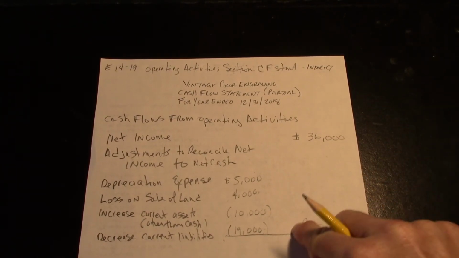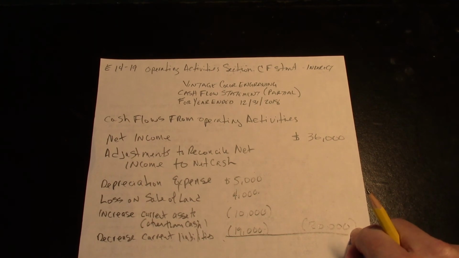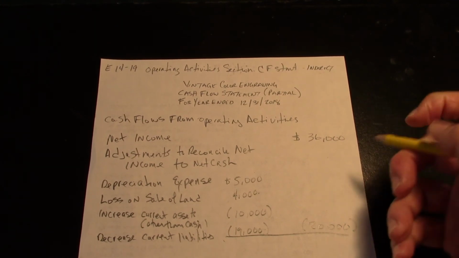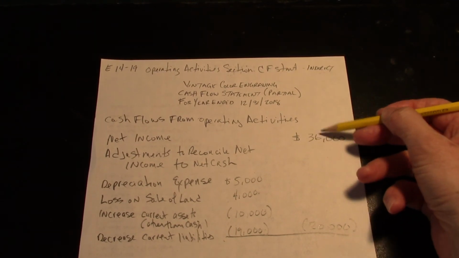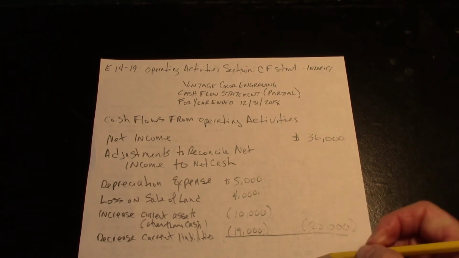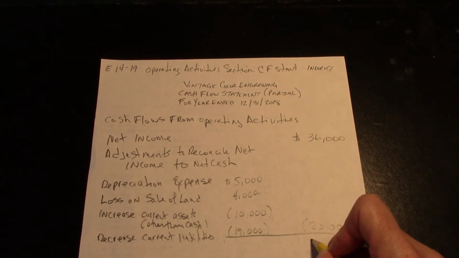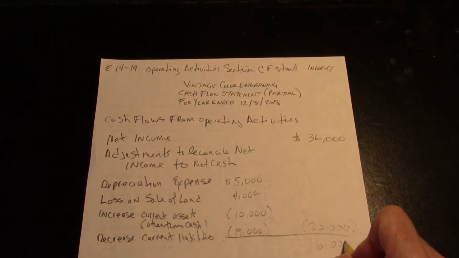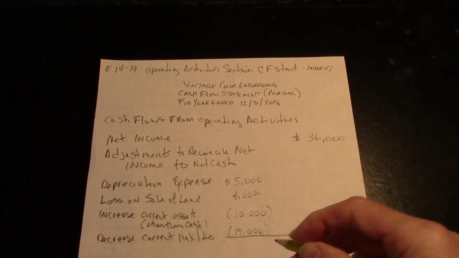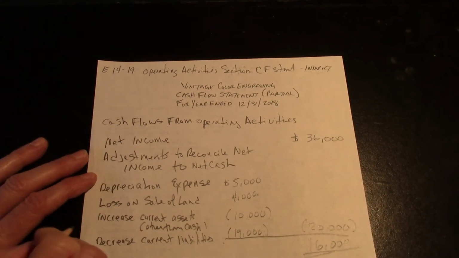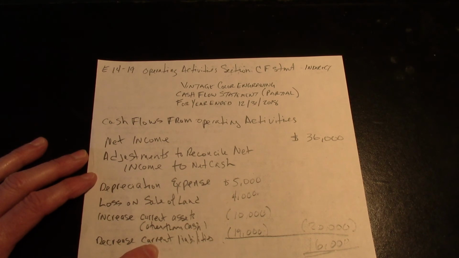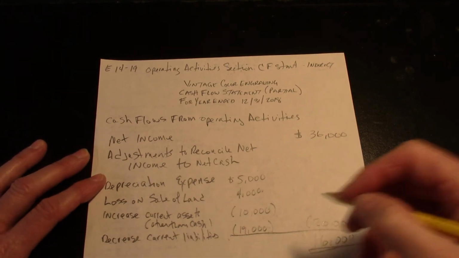So $20,000 cash flowed out, right? So we take 36,000 minus 20,000, and that equals 16,000, and we call that net cash provided by operating activities.